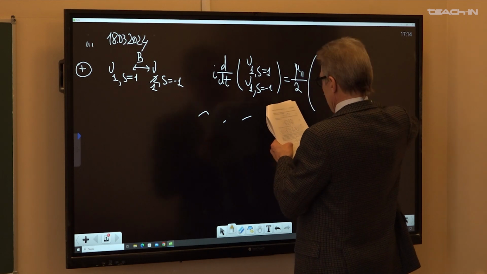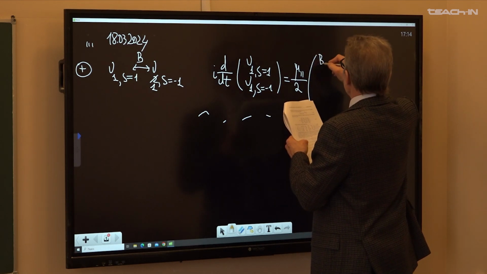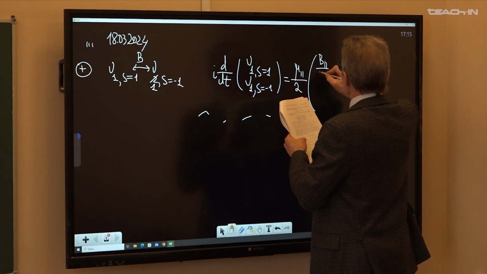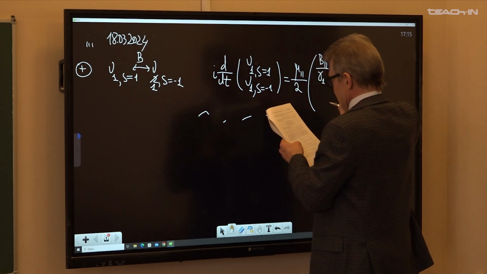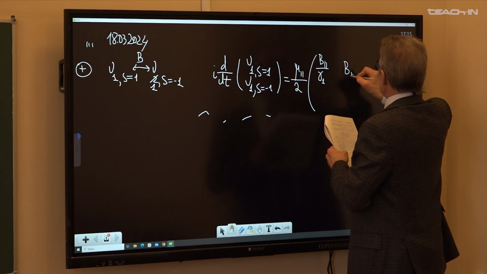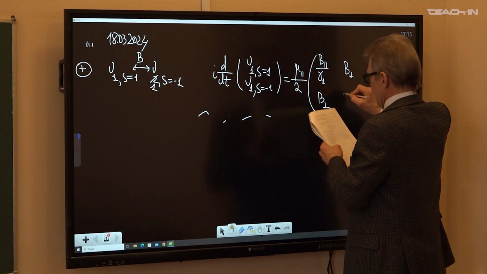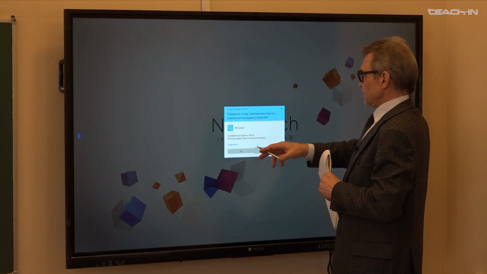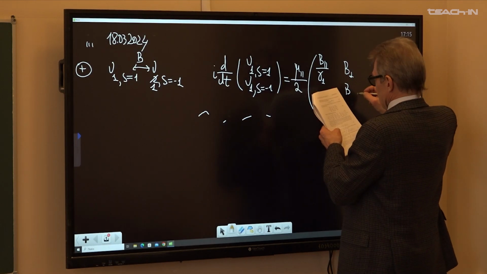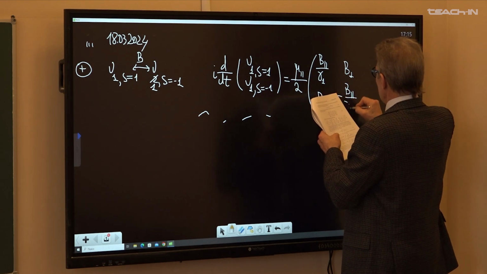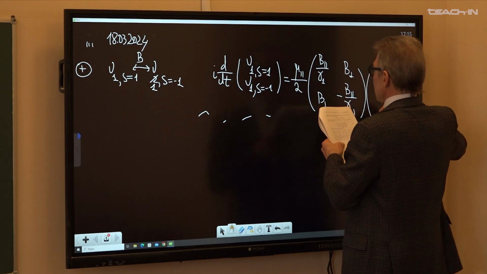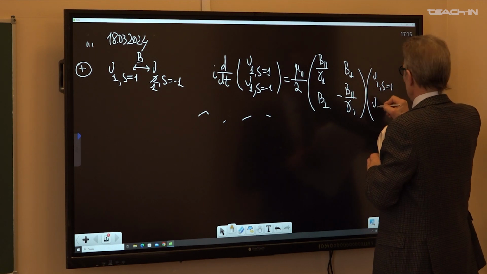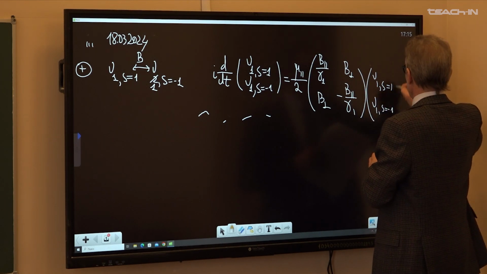And here is the 2 by 2 evolution matrix, the longitudinal part of the magnetic field, suppressed by the gamma factor, then the transversal magnetic field, and again the same, minus longitudinal part divided by gamma on the same vector. nu 1, s equal to 1, nu 1, s equal to -1.